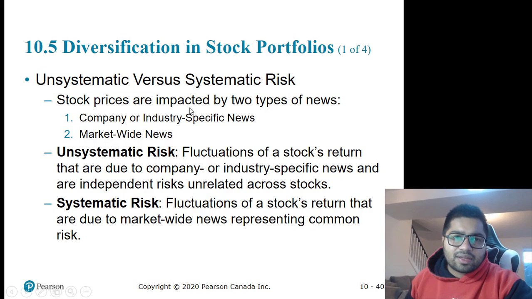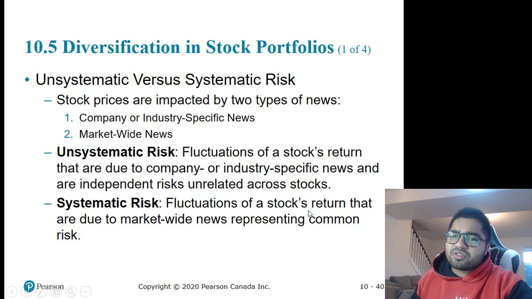This is important. Unsystematic versus systematic risk. Stock prices are impacted by two types of news: company or industry specific news, that is called unsystematic risk, and market wide news, that is systematic risk. Unsystematic risk are fluctuations of stock returns that are due to company or industry specific news and are independent risk unrelated across stocks.